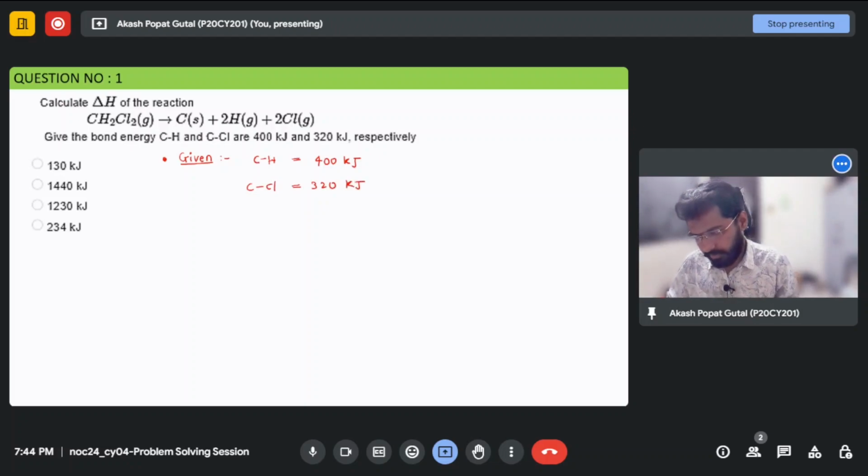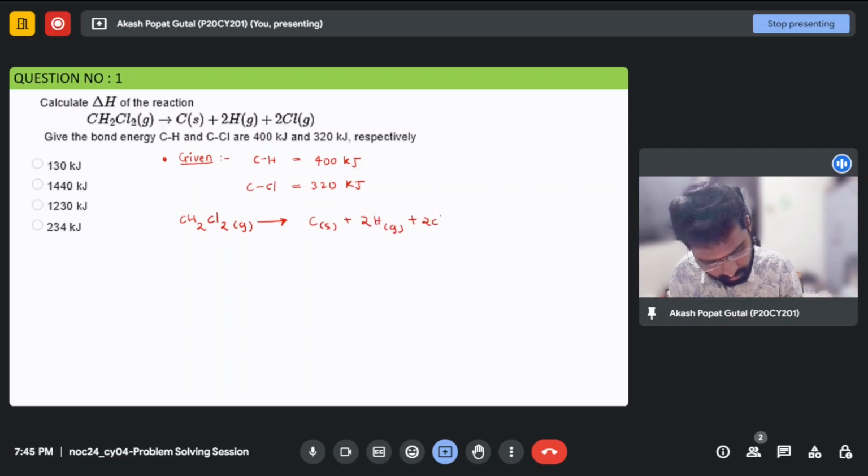We need to find out the enthalpy change. We have the equation CH2Cl2 gaseous going to C solid plus 2H gaseous plus 2Cl gaseous.